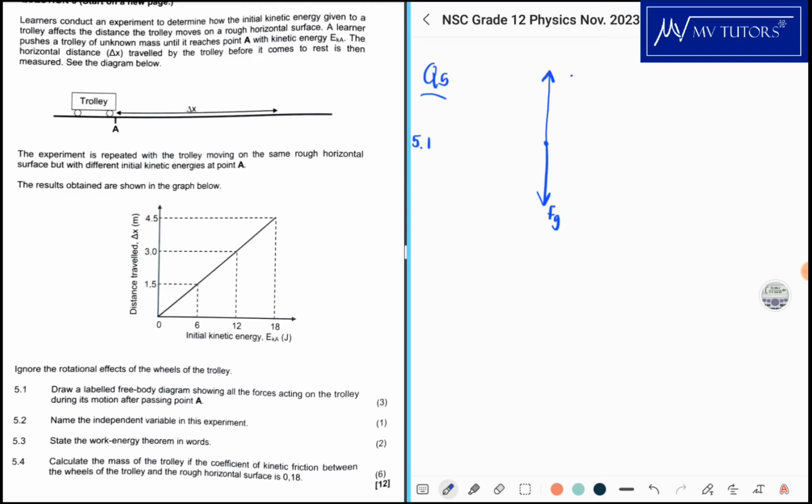And then in the same light, we have the normal force, all right? And then, since it's going to slow down and eventually stop, that tells us that there is friction. Okay, and there's no applied force after point A. So this is it. All right, and that's 3 marks.